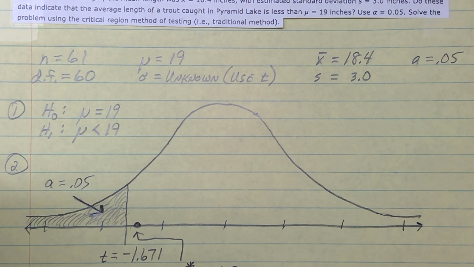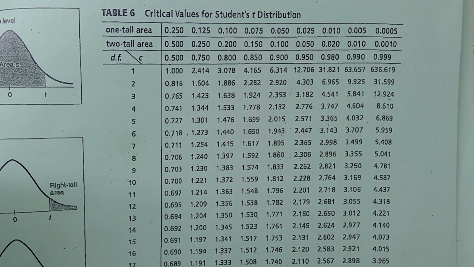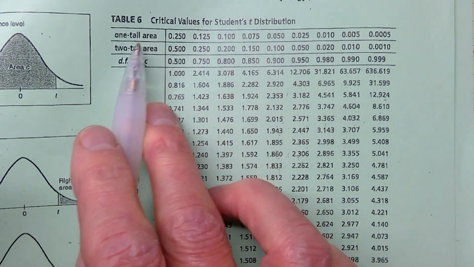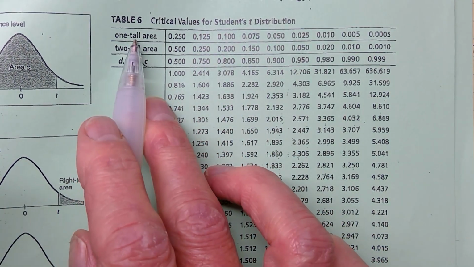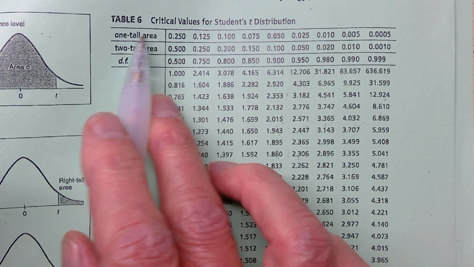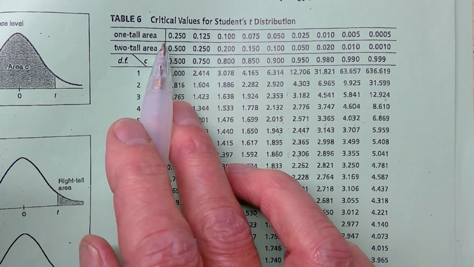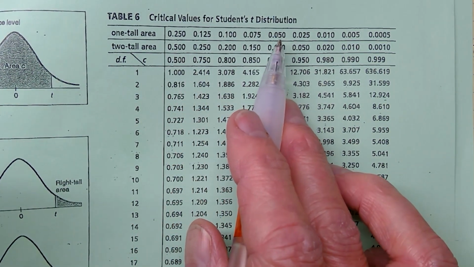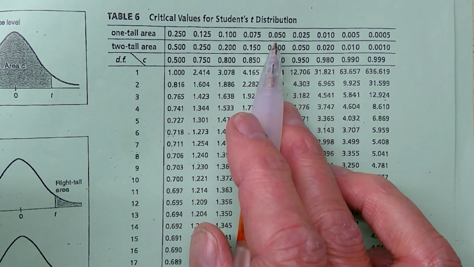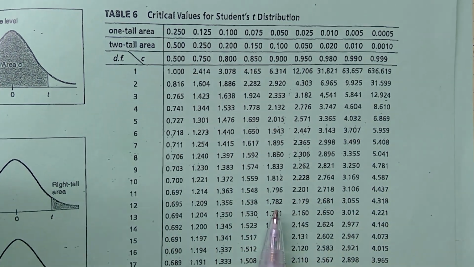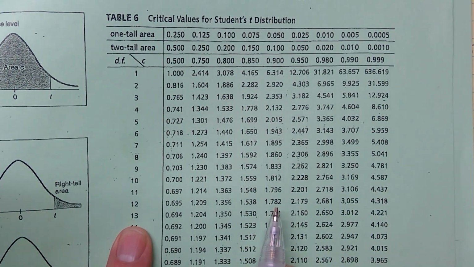Probably the easiest way is to go to the table. Now this is the table I'm using here. So I'm looking for a one-tailed area. I want that left tail shaded in, and I want to shade in 5% of that left tail. So I follow this over to 5%, 0.05, and then I follow it down until I hit the degrees of freedom that I'm looking for.